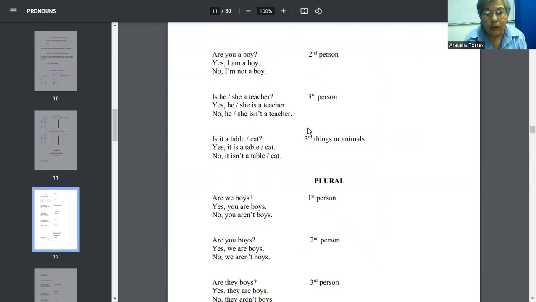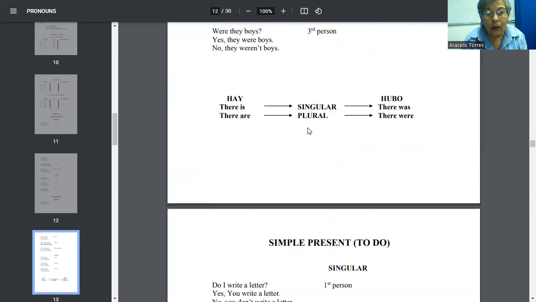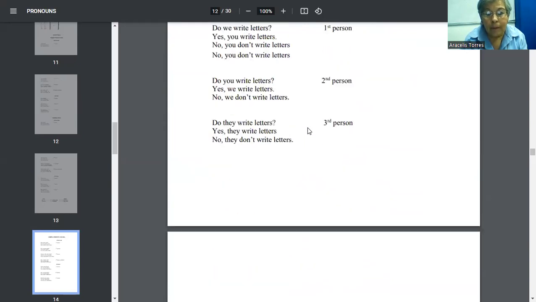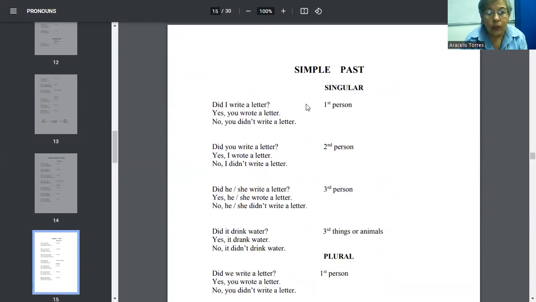Here I am going to show you how to do the simple past with the verb to do, did. This is the auxiliary do in the past tense, did, okay? And then the verb, in this case write, in past tense is wrote, and you only have to write it in the past when it's affirmative.